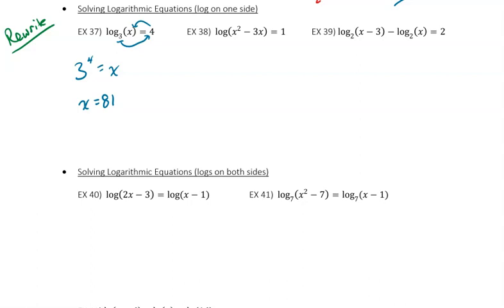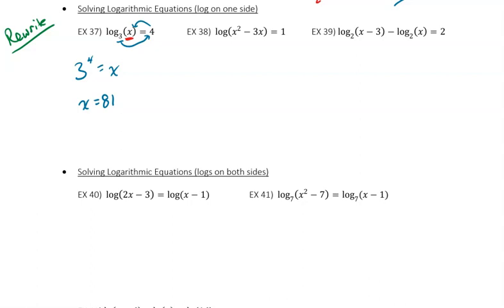We actually have to check our answers for all log equations. And by check our answer, specifically, we just want to make sure that we don't take the log of a negative number. So the number that's inside of the log can never end up being negative.